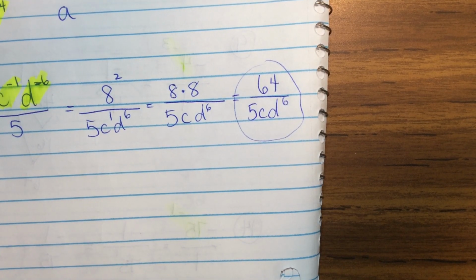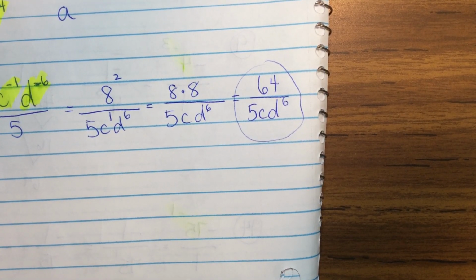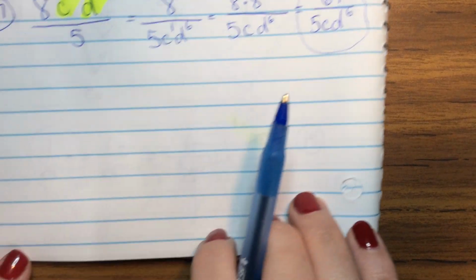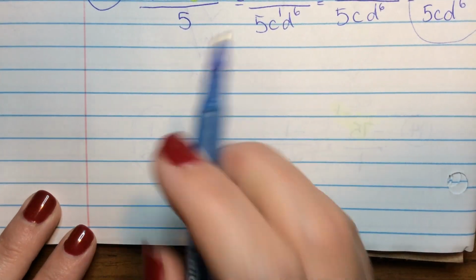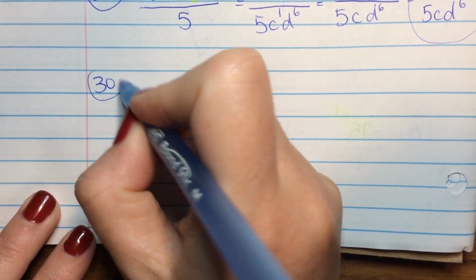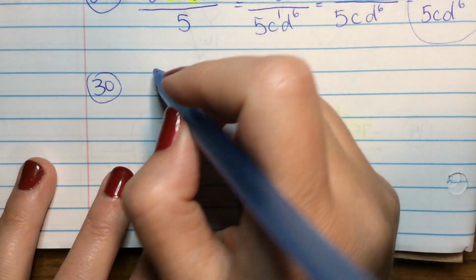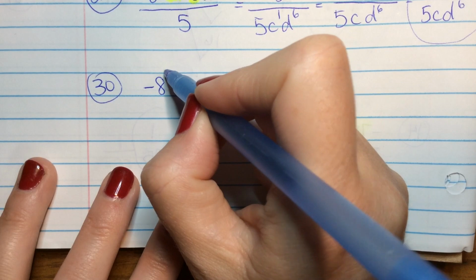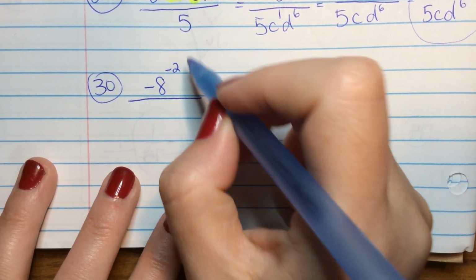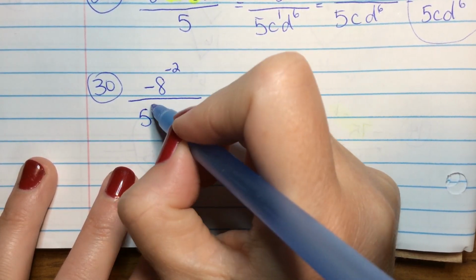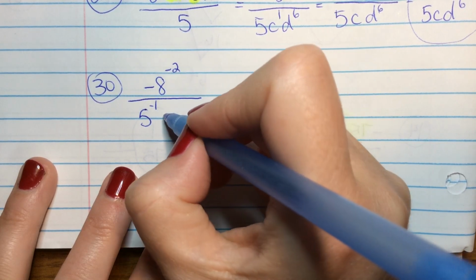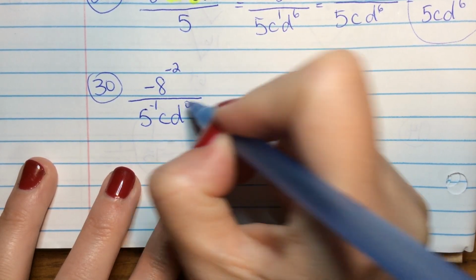Okay, let's try, let's do 30. And then the rest of them you can do by yourself. So we have -8 raised to the 2nd power, 5 to the -1, c, d, and 0.